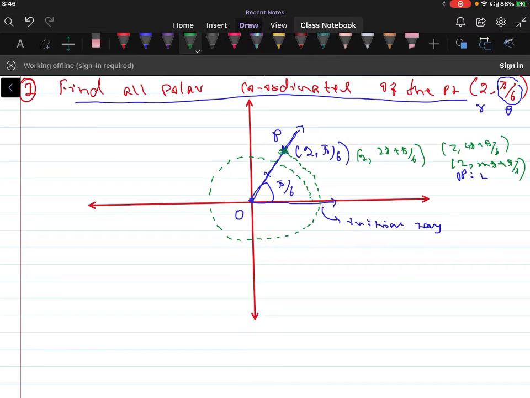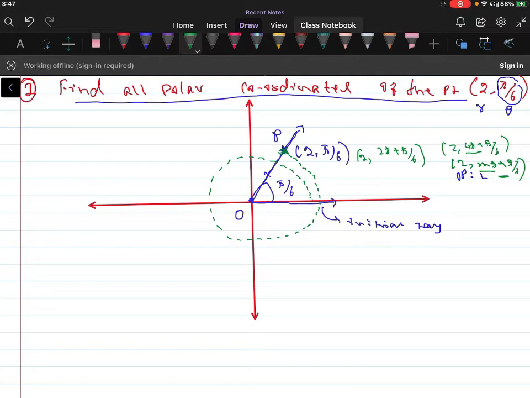Revolving the whole circle again from the initial ray, we can take it as (2, 4 pi plus pi by 6). If we repeat n times, it can be written as (2, 2n pi plus pi by 6).